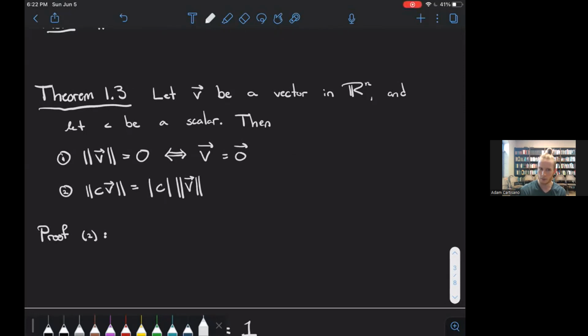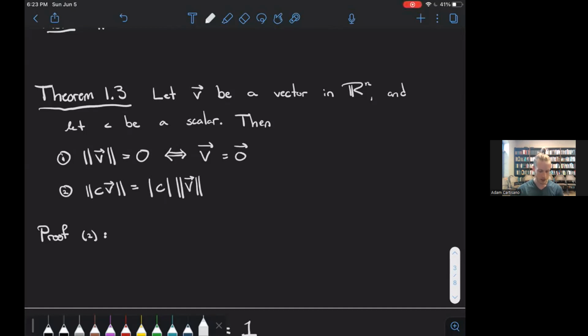That first part is just a restatement of the second part of part 4 of the previous theorem, right? It's just saying that for a vector to have a norm 0, then when you dot product it with itself, you have to get 0. But that can only happen if it's the 0 vector, right? So it's literally the same.